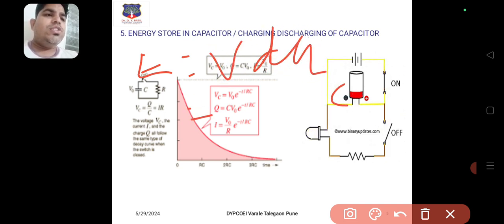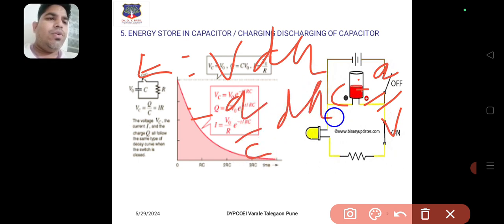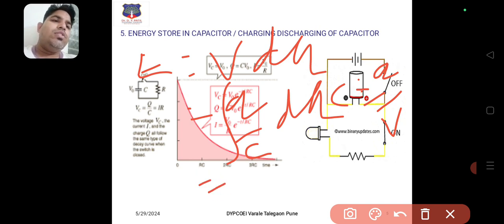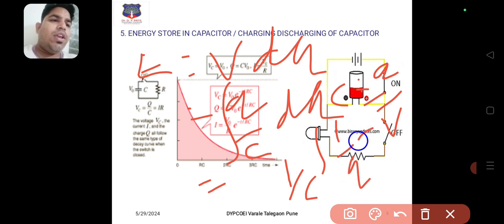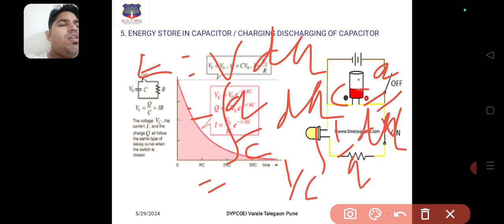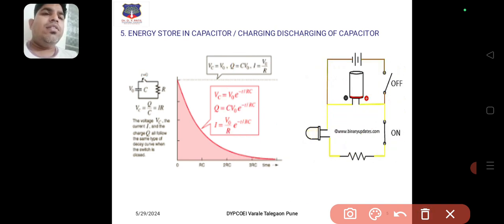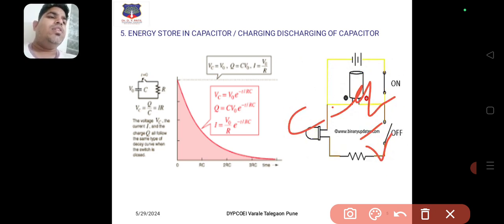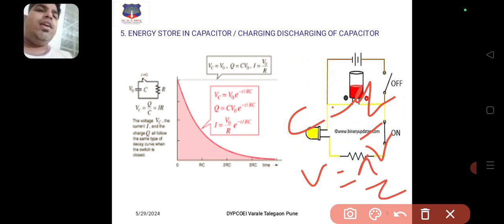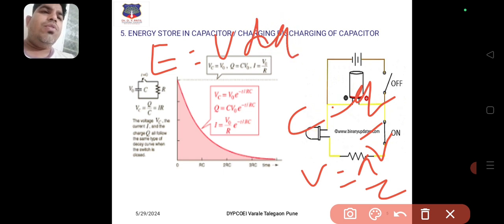Since C is equal to Q divided by V, V is equal to q divided by C. So E is the integral of q divided by C into dq.